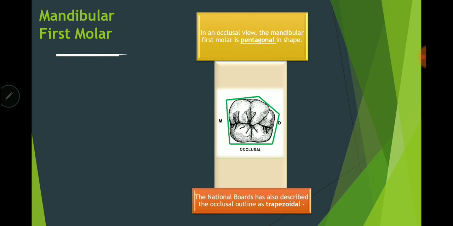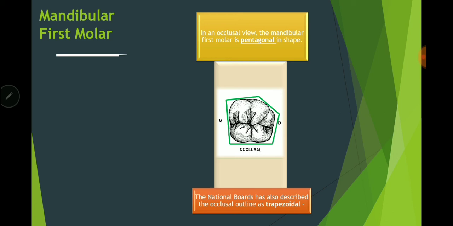In an occlusal view, the mandibular first molar is pentagonal. Okay. In the occlusal view, it's a pentagon. Remember also the mandibular first molar occlusal view is a pentagon. Okay.